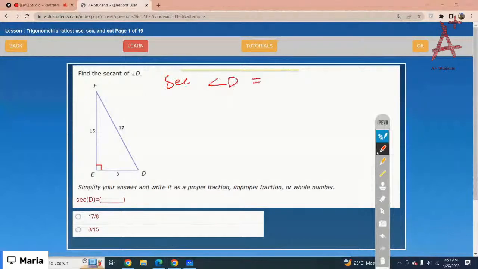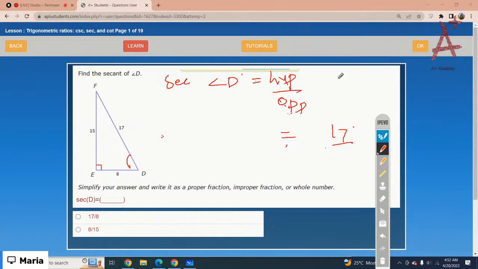So it would be hypotenuse divided by the adjacent. Here is angle D. Hypotenuse from angle D is 17, divided by the adjacent.